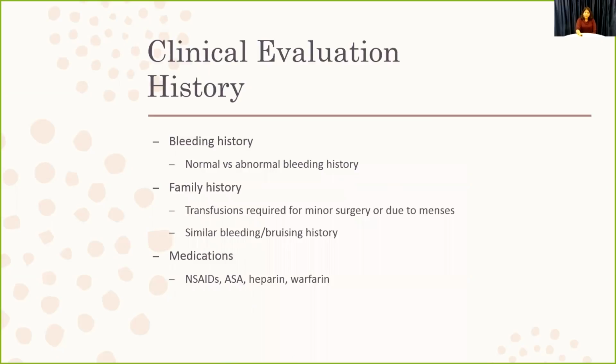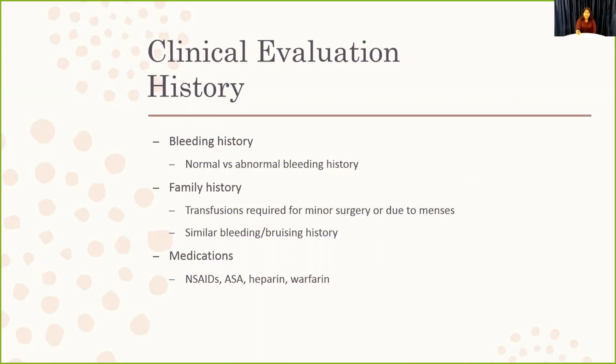So clinical evaluation and history, big important things when you're initially evaluating the patient is their bleeding history. What's normal versus abnormal bleeding history, and we'll go into what our abnormal bleeding history is in a second. Other important things as well is our family history. So any family members that might have required transfusion for minor surgeries or due to menses, as well as other family members with similar bleeding history or bruising history that this patient might be presenting with.